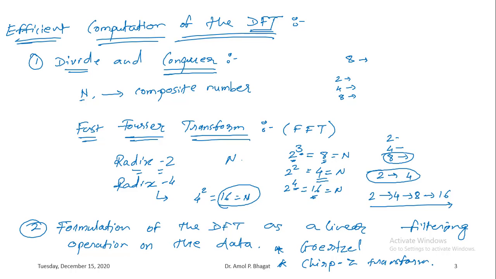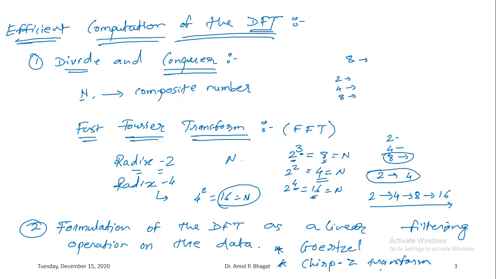In this second approach, these two algorithms can be used for DFT computation via linear filtering of the data sequence. For that purpose, the Goertzel algorithm or the Chirp-Z transform algorithm can be used. So these are the two approaches that can be used for the efficient computation of the DFT.